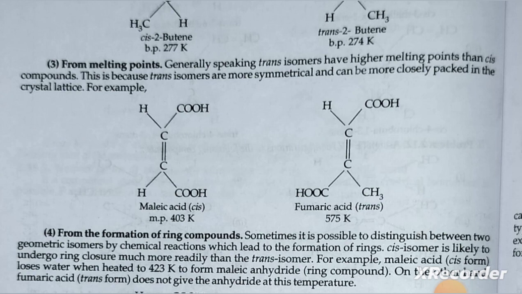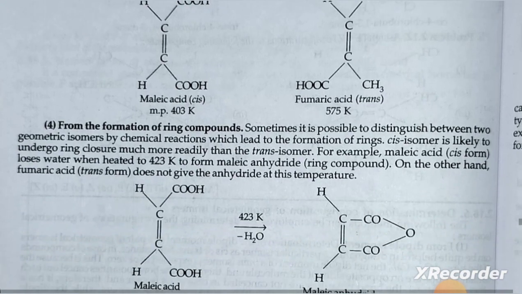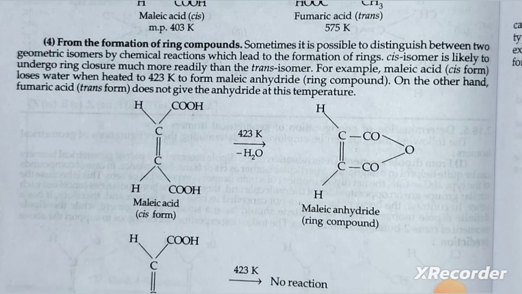Fourth, from the formation of ring compounds. Sometimes it is possible to distinguish between two geometric isomers by chemical reactions which lead to the formation of rings. A cis isomer is likely to undergo ring closure much more rapidly than the trans isomer. For example, maleic acid, the cis form, loses water when heated to 423 Kelvin to form maleic anhydride, a ring compound.